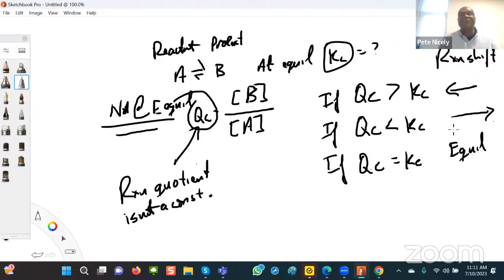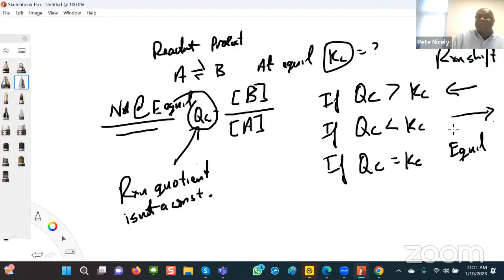So basically, when you're given a question where you're given some numbers representing the concentration of the different components in the system, and you're asked to find out which direction the reaction will shift in order to achieve equilibrium, what you need to do is calculate Qc and compare it to the given Kc value.